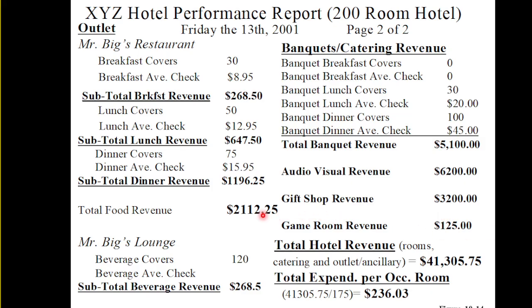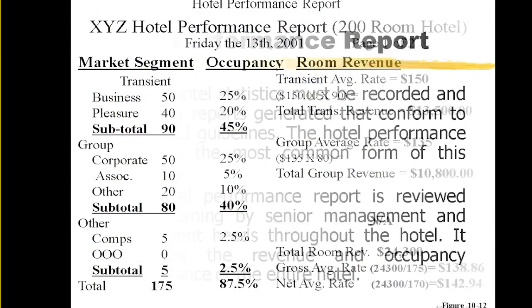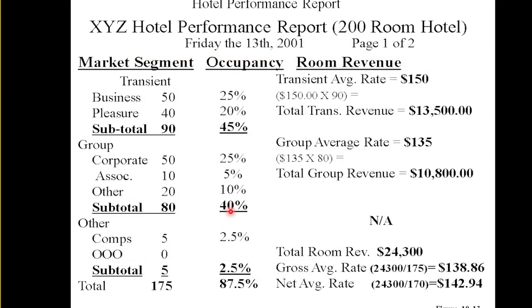Where did we get the $24,300? From the previous slides that we had. We'll get back to that. As you can see, that's for the rooms.